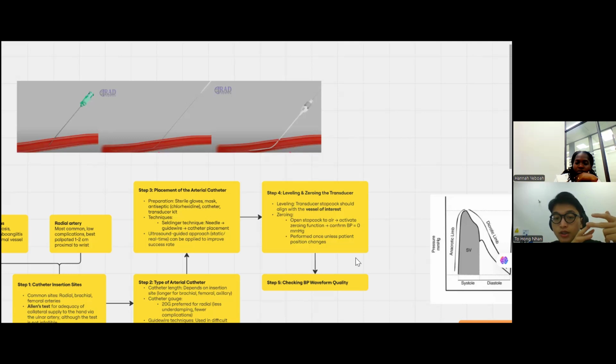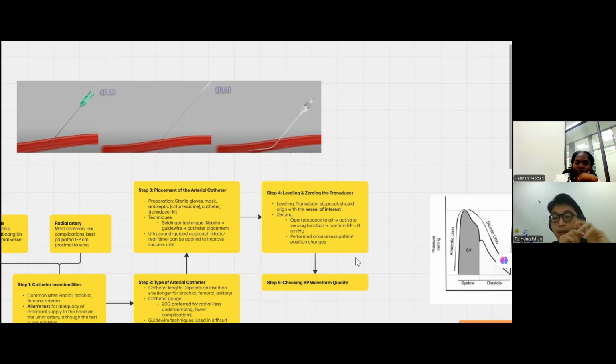Then we have a step called zeroing. It's basically opening the stopcock or the valve so that air can flow in, to activate the zero function. So we need to set the baseline of the transducer to the zero mark, and then we turn on the machine.